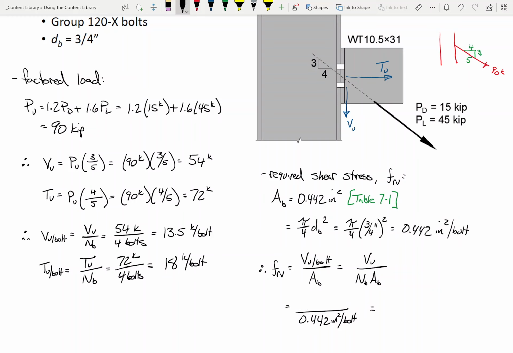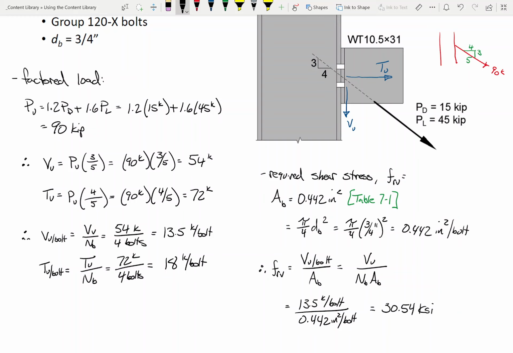You are right. 0.05 on the mistake counter. 30.54. Do I have a second? Yeah. What are the units? Kips per square inch. Exactly. This is KSI. Okay. All right. So far, so good?